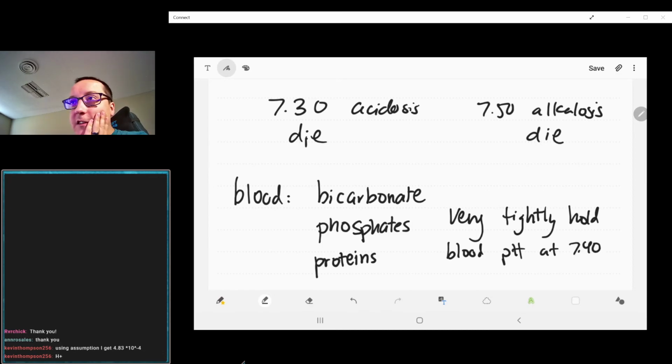All three of these. So if you try adding bases or acids to your blood, the bicarbonate, the various phosphates, and the proteins will all act to counteract that addition. So you have actually a pretty good buffer capacity in your blood, and it's very tightly controlled here.